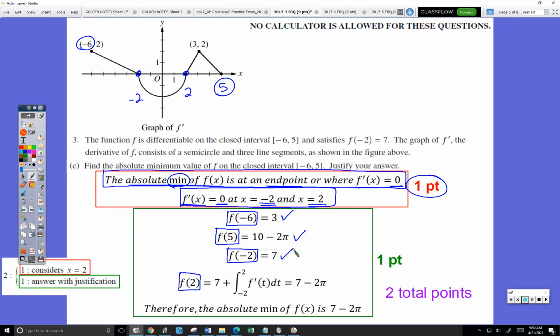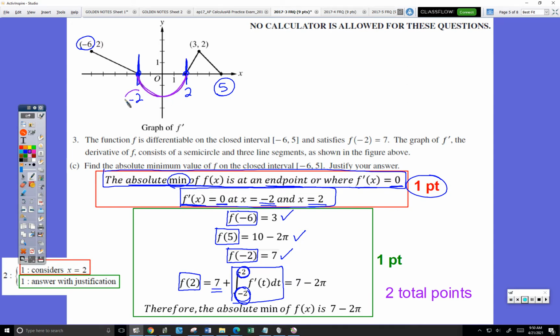So at x equal -2, the value of f is 7. The integral from x equal -2 to x equal +2 of f prime will calculate how much f changes from x-coordinate of -2 to x-coordinate of 2. So from an x-coordinate of -2 to an x-coordinate of 2, f prime is always negative. That means f's going to be going down.